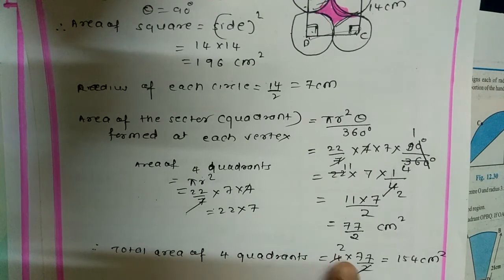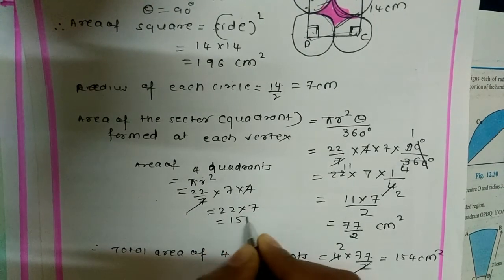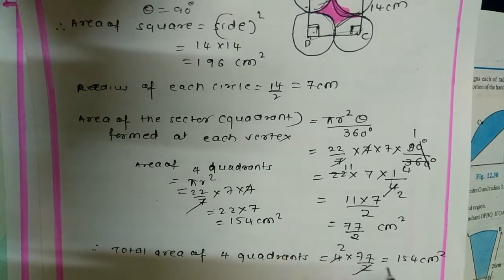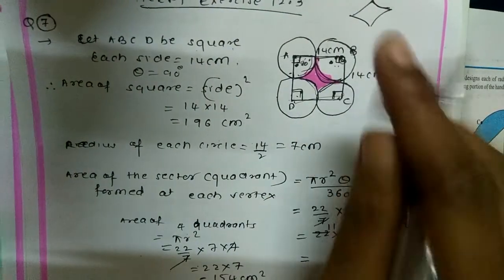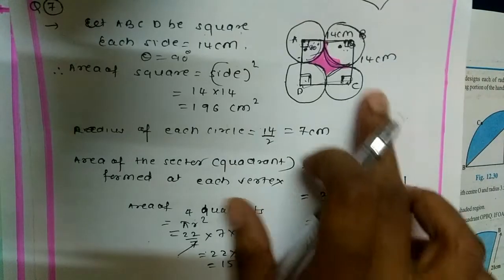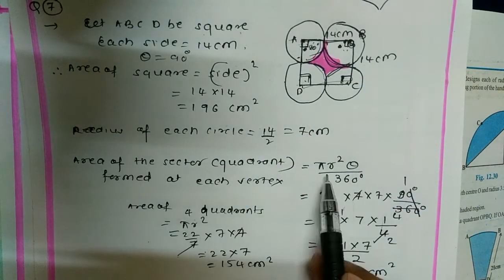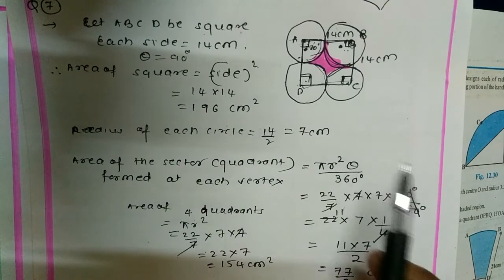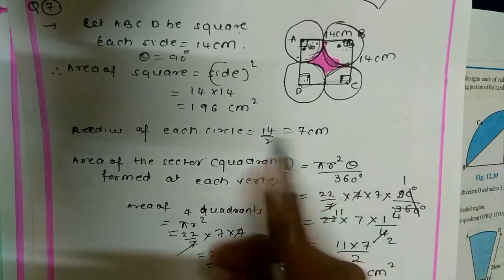So 22 into 7, that is 154 centimeter square. This formula is possible when we have a sector and that sector is a quadrant. Otherwise you can go for the area of sector formula, which is useful for all theta. When theta is not given, you can go for this formula.